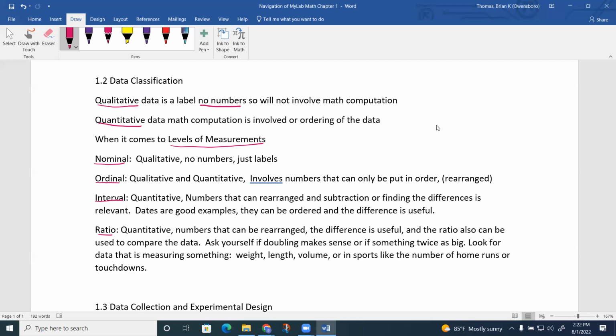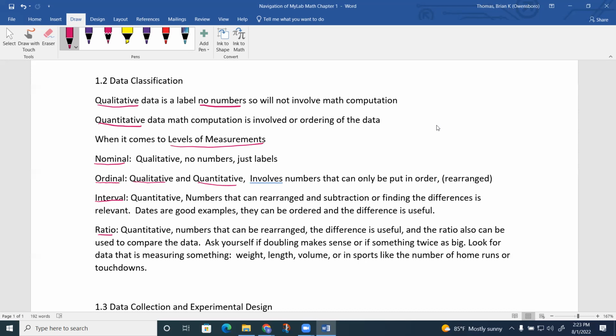It's just labels. So if what's given, as far as the data goes, is just labels, then we call that qualitative, or in other words, the nominal level of measurement. Ordinal is a little tricky. The ordinal level has both qualitative and quantitative present. So there are going to be numbers, but the only thing we can do with those numbers is put them in order. They can be rearranged.